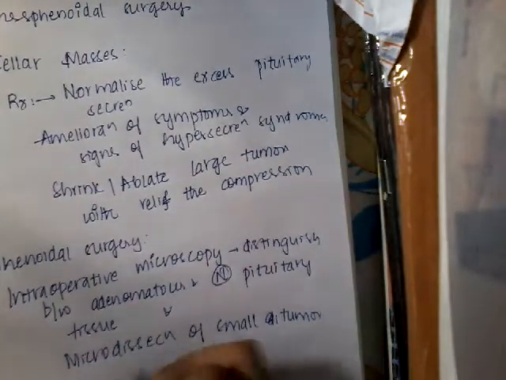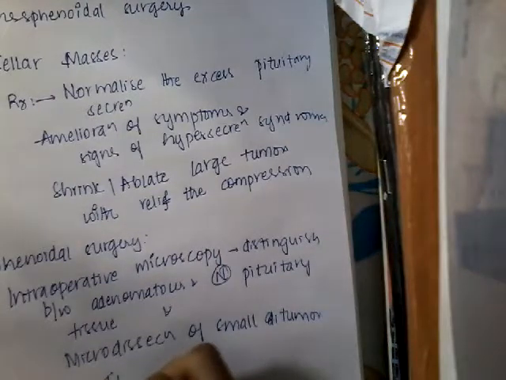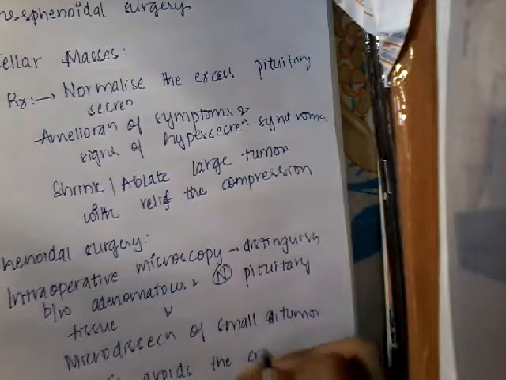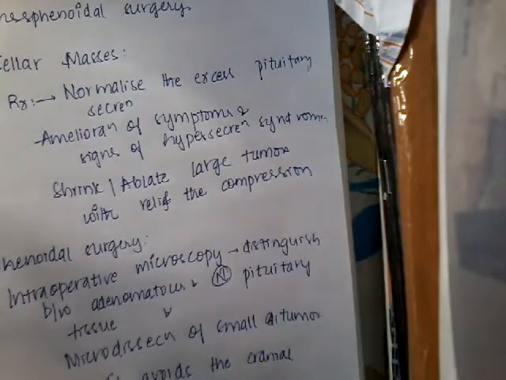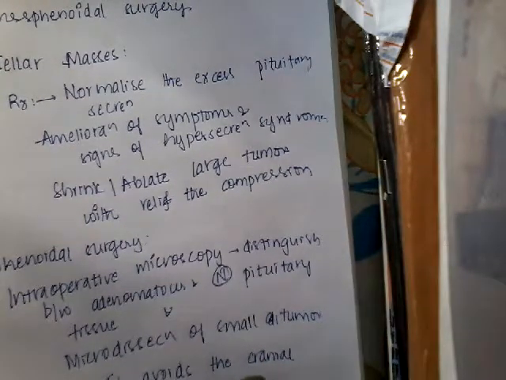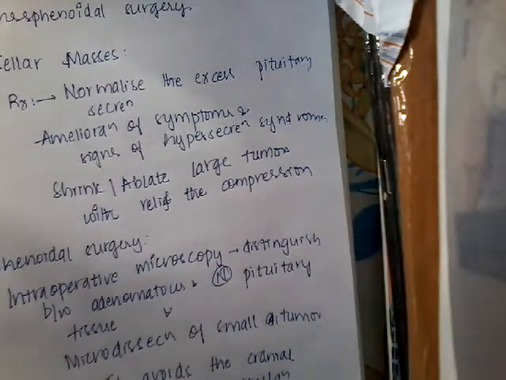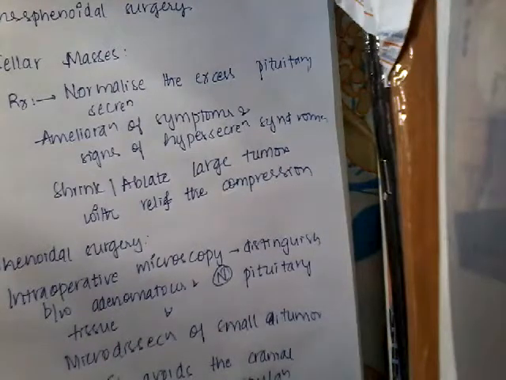The advantage of this transsphenoidal route is it avoids the cranial invasion, and also the manipulation of the brain tissues, because brain tissues are very important, and even one cell is very useful.